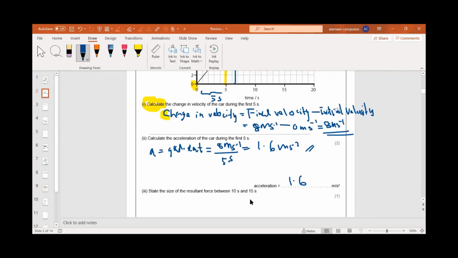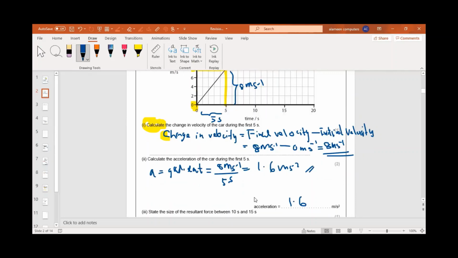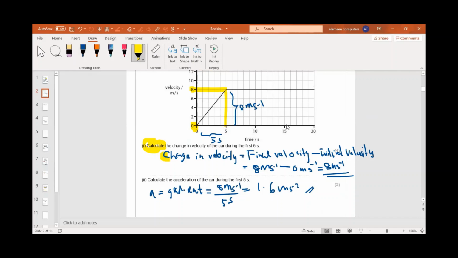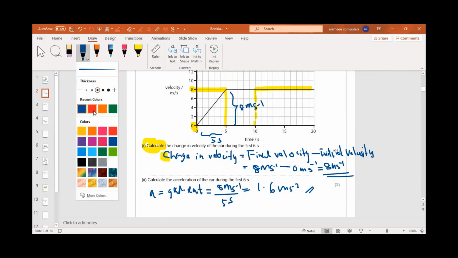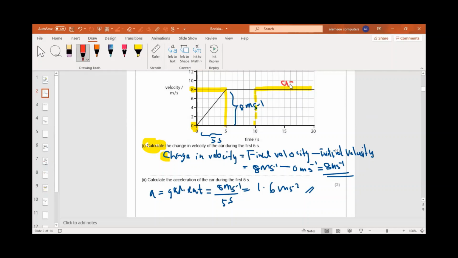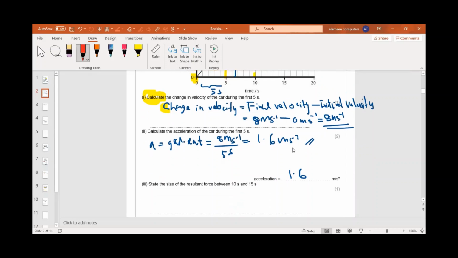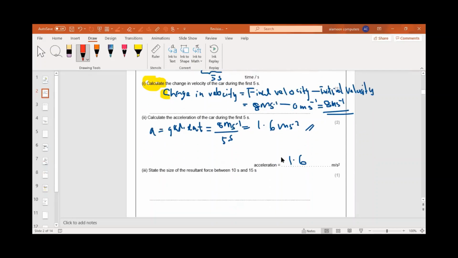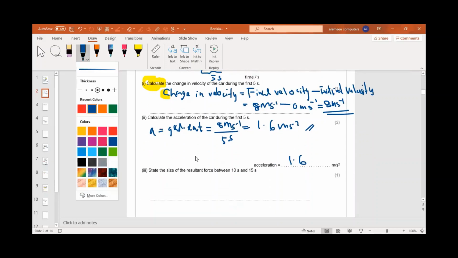But between 10 seconds and 15 seconds, the acceleration is 0 because it's constant velocity, right? Acceleration is 0. If the acceleration is 0, resultant force also should be 0, right? So then what is our answer? Resultant force should be 0.